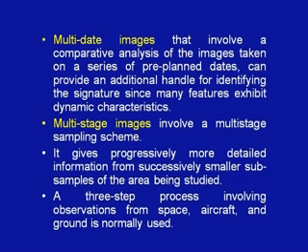Multi-date images involve a comparative analysis of the images taken on a series of pre-planned dates, which can provide an additional handle for identifying the signature, since many features exhibit dynamic characteristics.